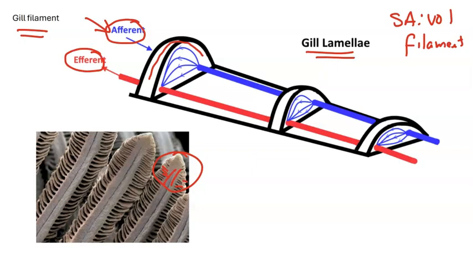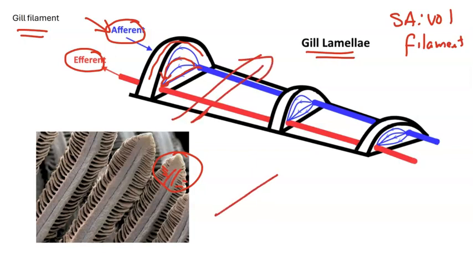In the gill lamellae, there are tiny capillary structures which allow the blood to flow from the afferent to the efferent. At the same time, let's remember that water flow is in this direction.